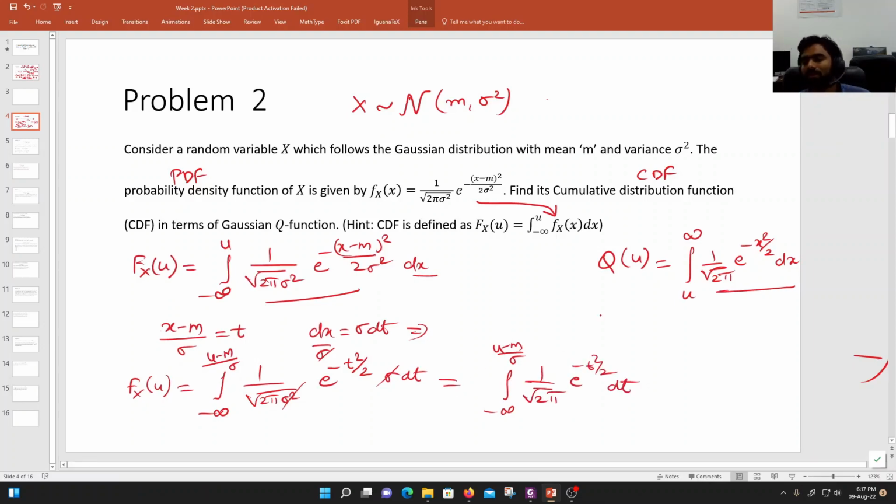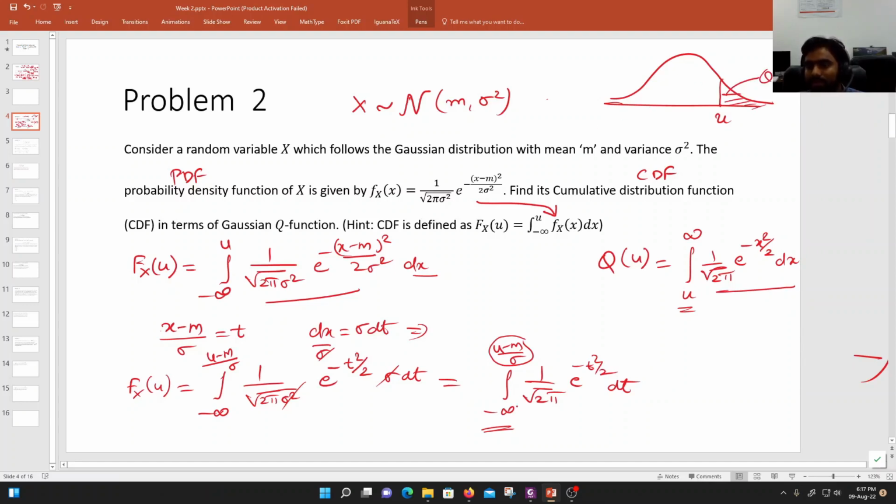But one thing is there, the limits are not the same. Here the limits are from u to infinity, but here the limits are from minus infinity to u minus m by sigma. For a Gaussian distribution, the Q function is defined from u to infinity, this is Q of u.